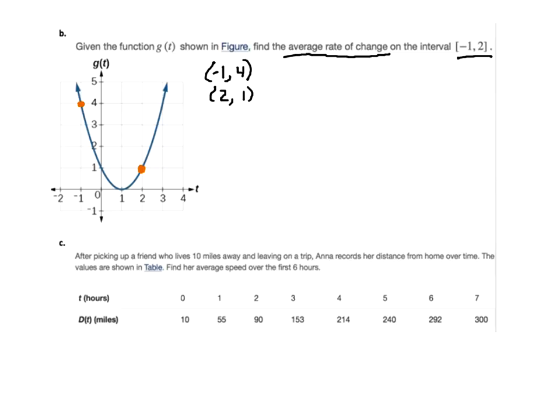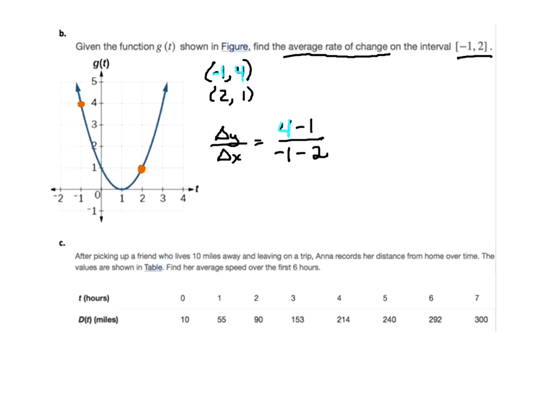Now I'm ready. I've got my 2 points, delta y over delta x, so subtract my y values over the difference of my x values. And notice, let me actually color code this so it jumps out. -1, 4.